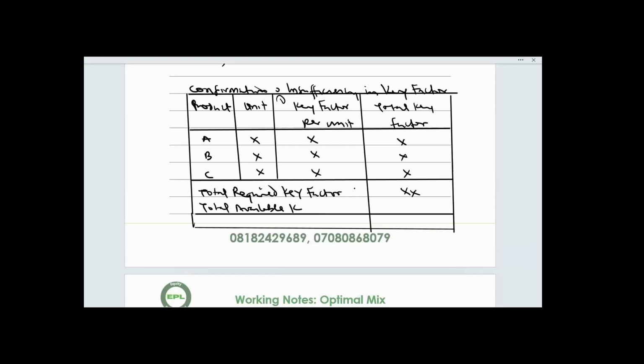If the total required is more than total available, then of course, that means there is a surplus. But if total required is less than the total available, that's a shortfall. So shortfall or surplus.